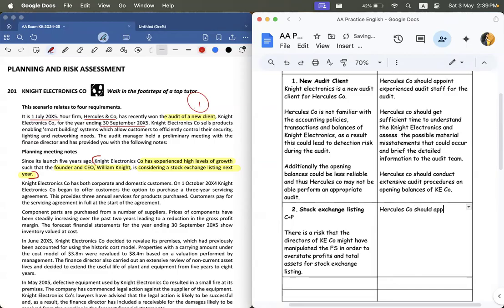Hercules company should appoint an experienced audit team, full stop. That is the first thing.